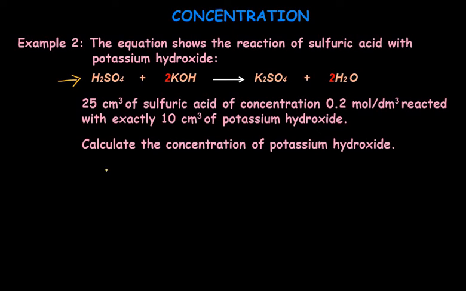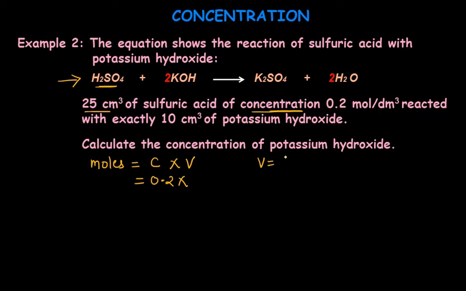So the next step is to calculate the moles of the known concentration solution, and the known concentration solution is sulfuric acid. So the formula is moles is equal to concentration multiplied by volume, and the concentration of sulfuric acid is 0.2 multiplied by the volume. Now volume is 25 centimeter cube.